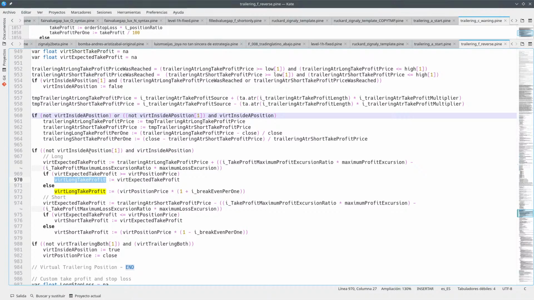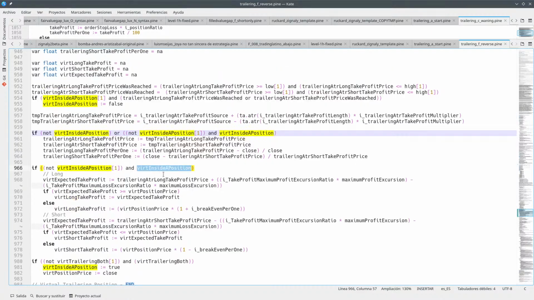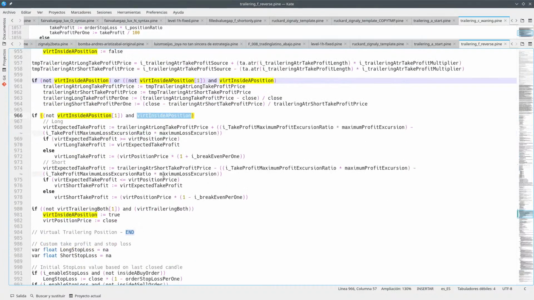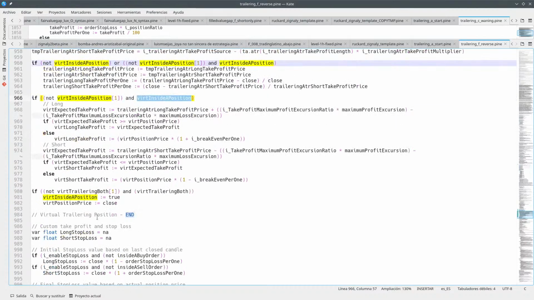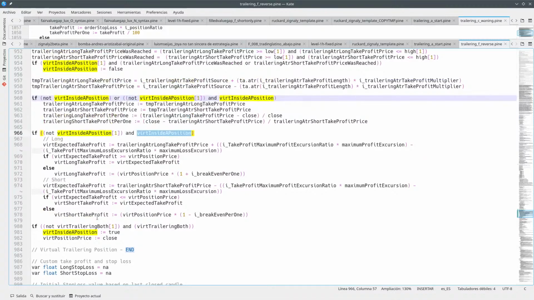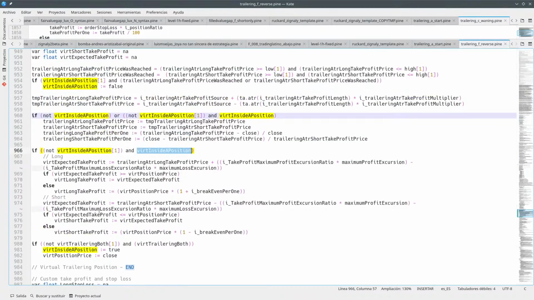So if you were not in a position and you are in a position, you get assigned take profit. So we need this to be the take profit, otherwise this is not going to work properly.